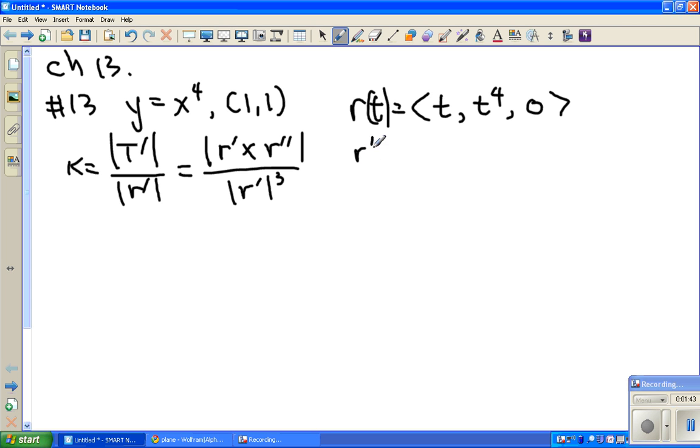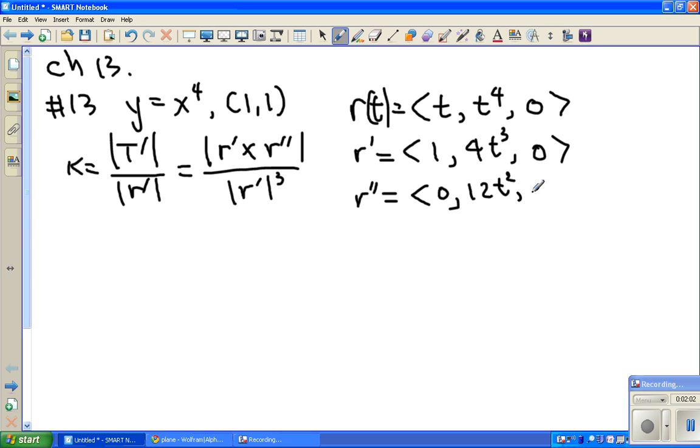Then we realize r prime becomes 1, 4t to the third power, and 0. How about r double prime? Then we get 0, 12t squared, 0.